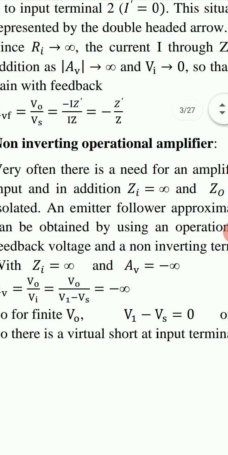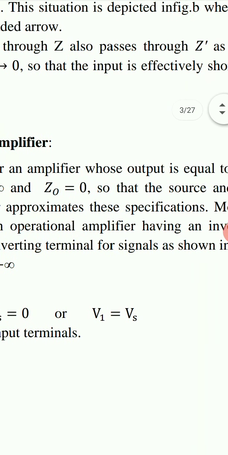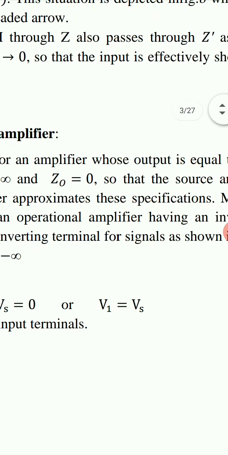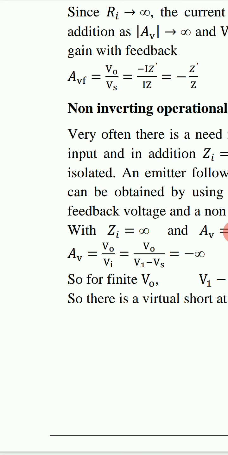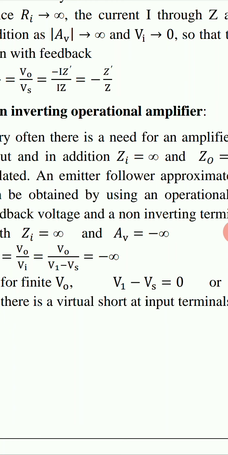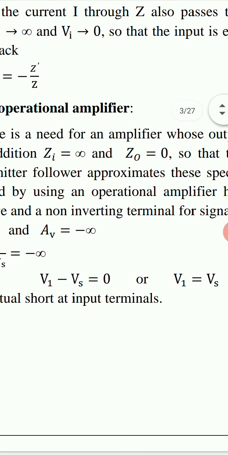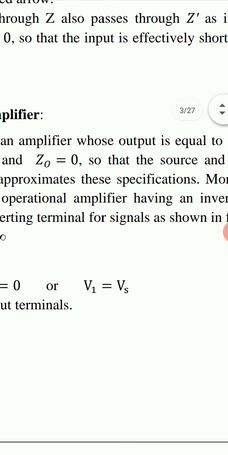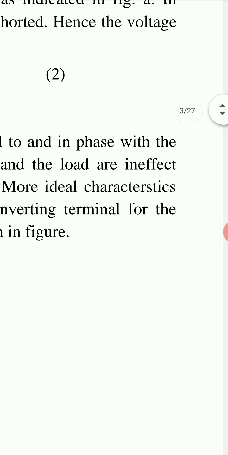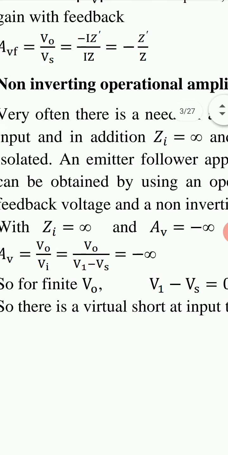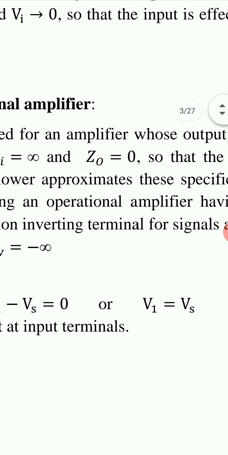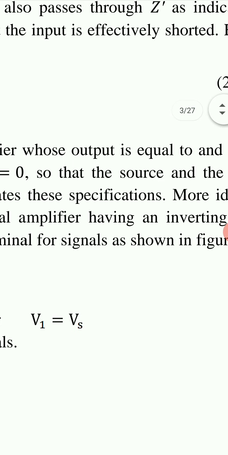Very often there is a need for an amplifier whose output is equal to and in phase with the input, and in addition Zi input impedance is infinity and Zo output impedance is 0, so that the source and the load are in effect isolated. An emitter follower approximates these specifications.